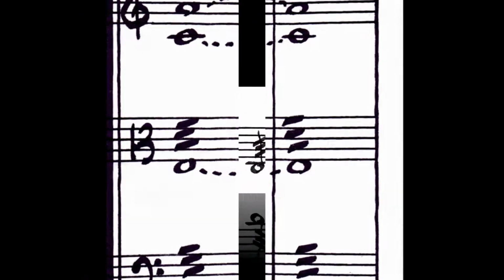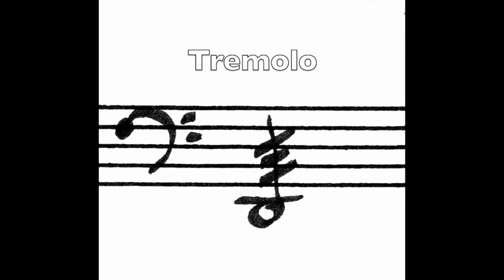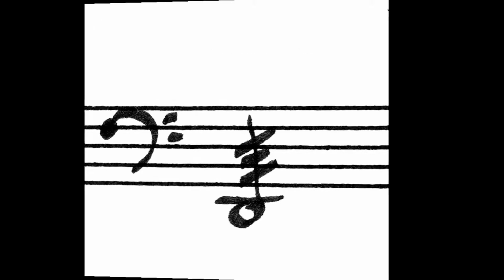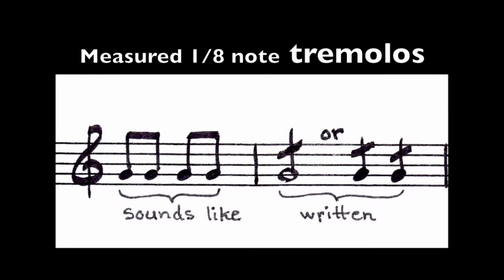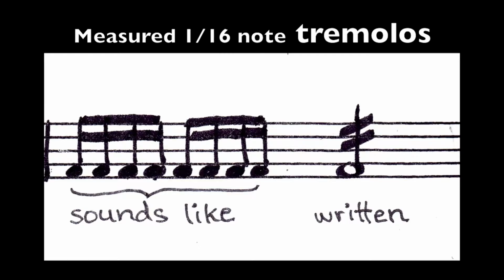Tremolos are notated with a slash or group of slashes through the stem of the note, or above the note if it's a whole note. Tremolos can be measured or unmeasured. Measured tremolos go back and forth in an 8th note or a 16th note rhythm.